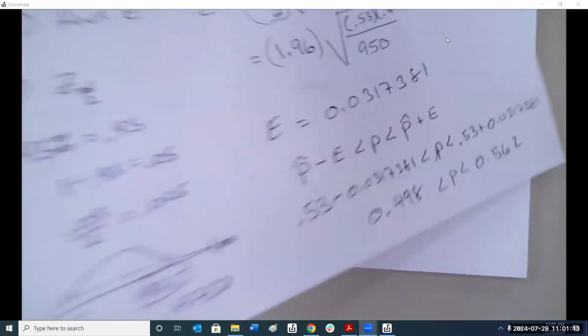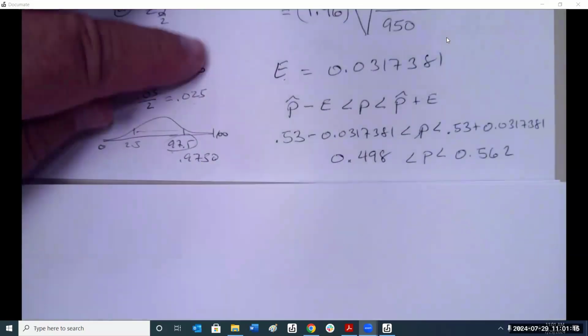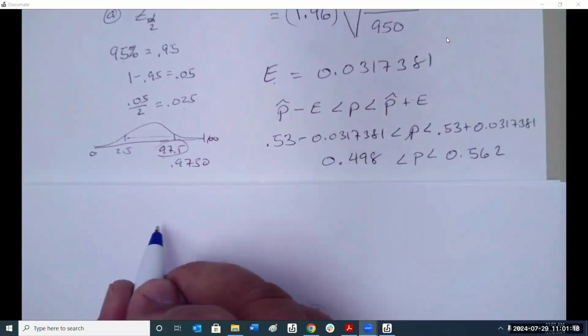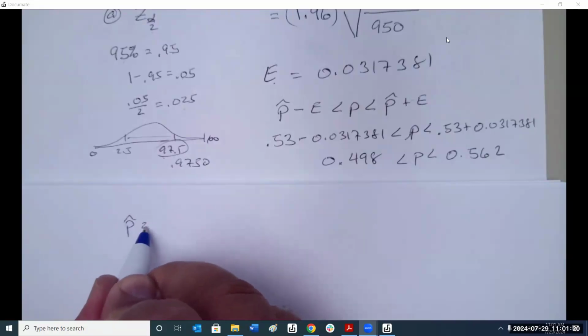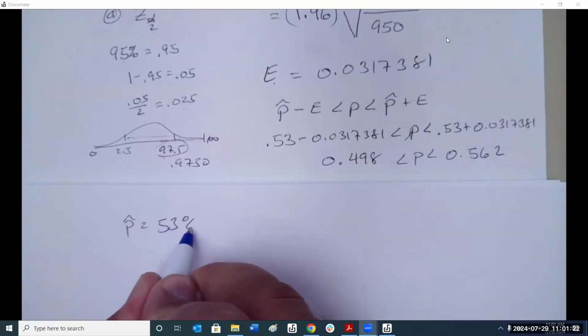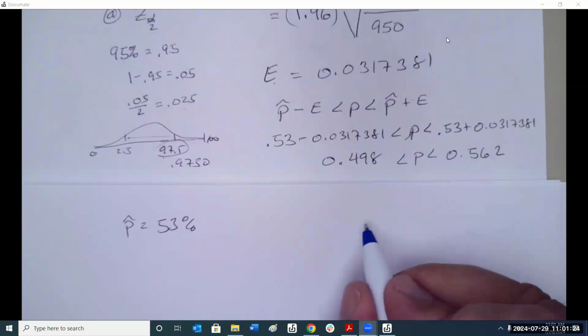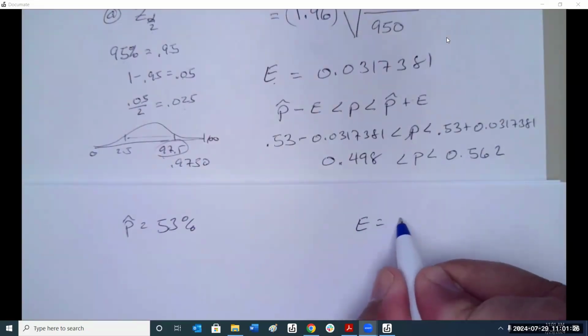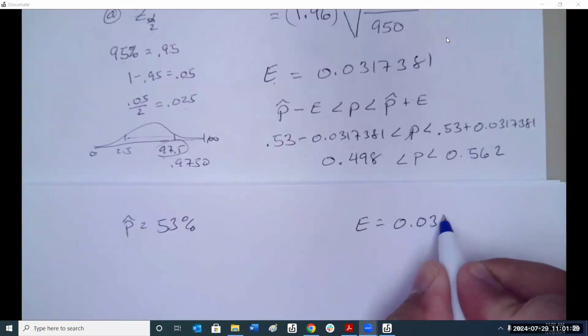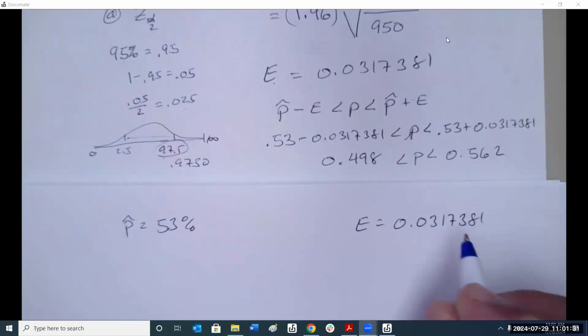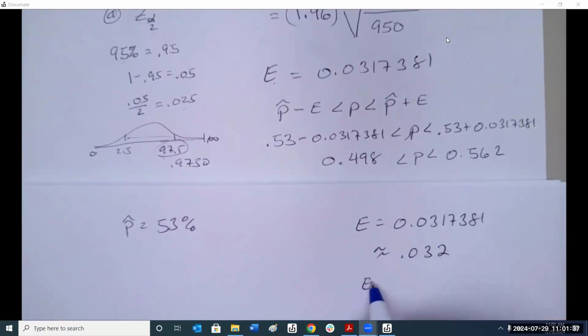Because if we look at these two numbers, remember, our P hat was 53%. And our error is 0.0317381, which becomes 0.032. So our error is approximately 3.2%.